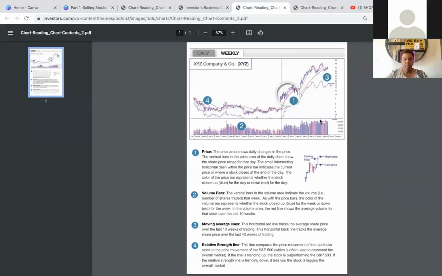There was a large buying here. And then three is the moving average line, which is there. Again, this one consists of 10 weeks of trading and or 40 weeks of trading. So there's this red line here and this line right here. And then number four is the relative strength line, that's this one in here.